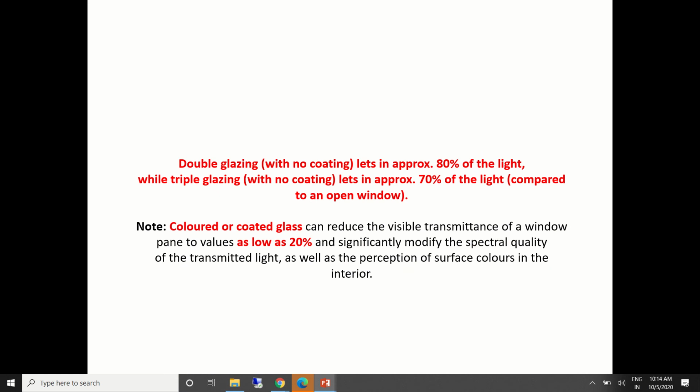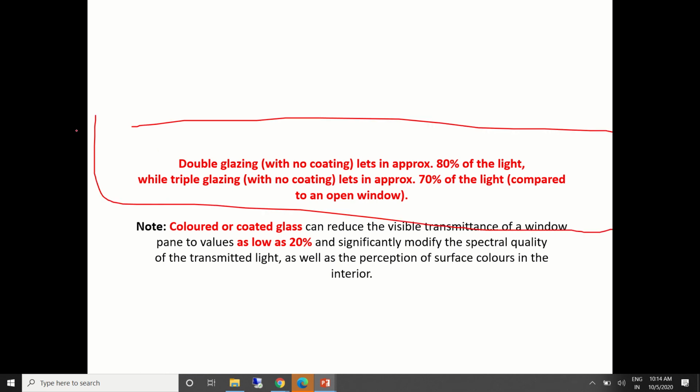Double glazing lets in approximately 80% of the light, while triple glazing lets in only 70% of the light. So this is a thumb rule that you can use to understand what happens with different materials. Colored or coated glass can reduce the visible transmittance of a window pane by up to 20%.